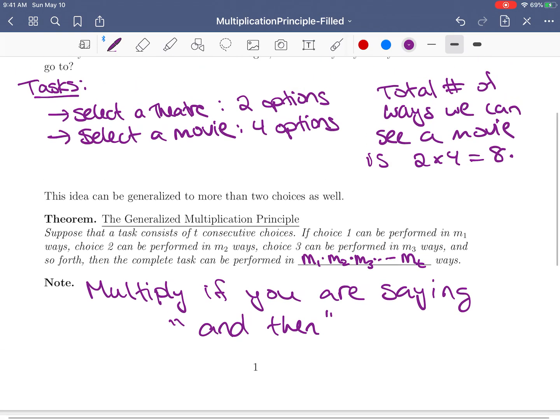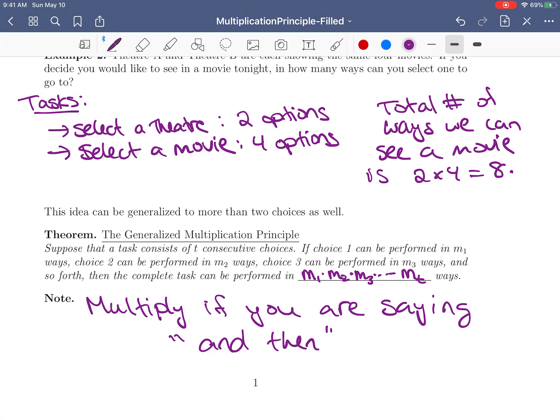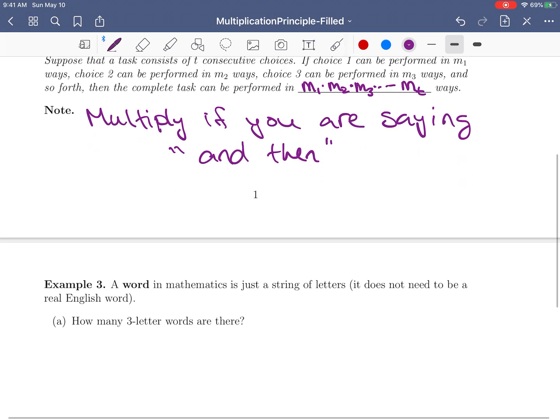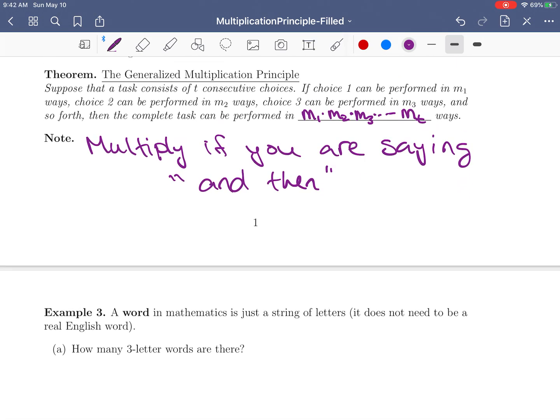To go back to the movie example, we needed to select a theater and then we needed to also select a movie in order to know where we're going to go. So you had to do both things. You're doing one and then another. If you keep saying "and then" when you're describing the problem, it means you have to do all those things, so you want to multiply them.